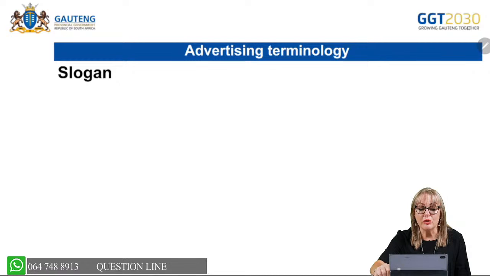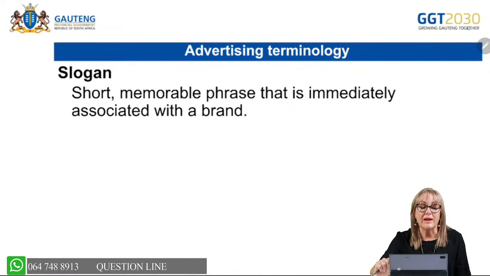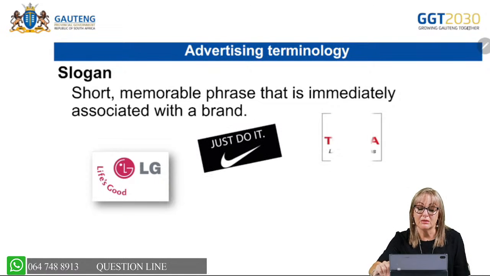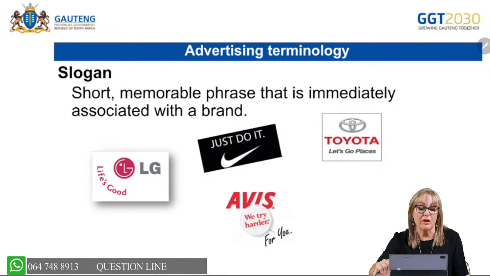Then we get slogans. That's a short, memorable phrase that is immediately associated with a brand. Like life's good, or just do it, or let's go places, or we try harder for you.